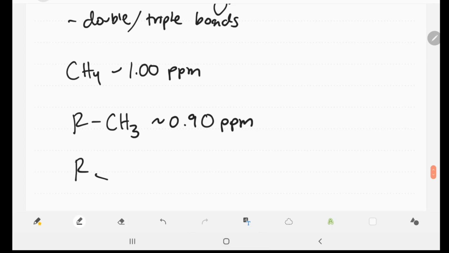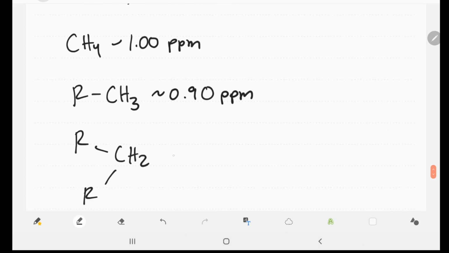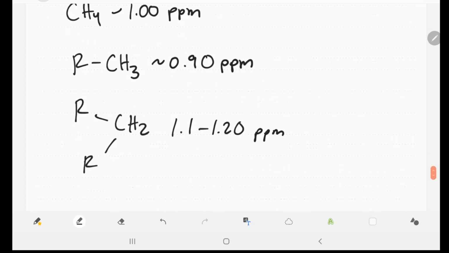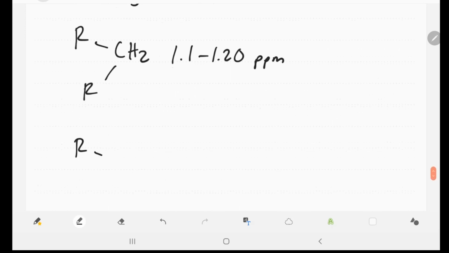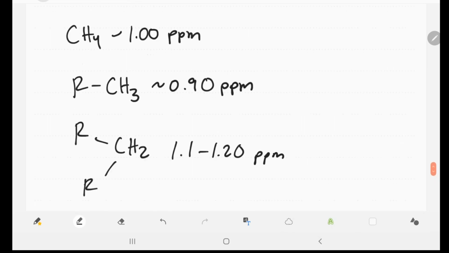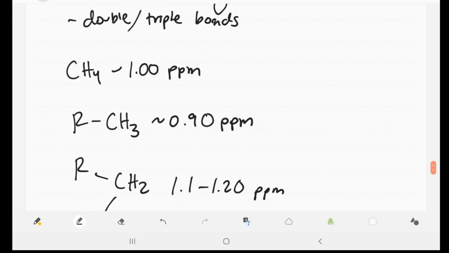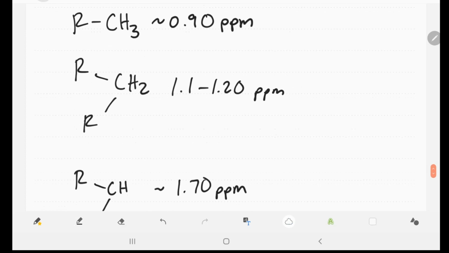If you have a CH2, that usually shows up at about 1.1 to 1.2 ppm, somewhere around there. And just a CH by itself is about 1.7 ppm. So these are our base values. Depending on what you're looking for, methane, I don't even know why I put that, because we're not going to be looking at the structure of methane, so go away. Methane is not relevant here.